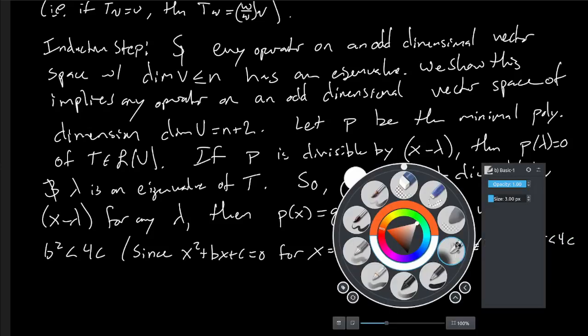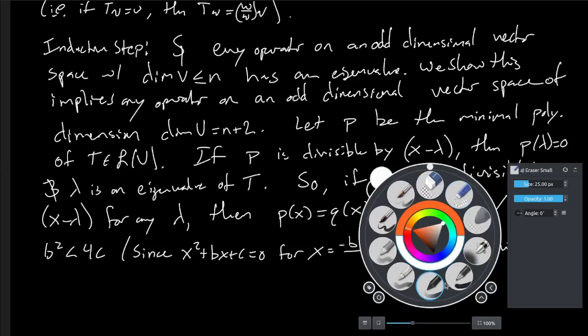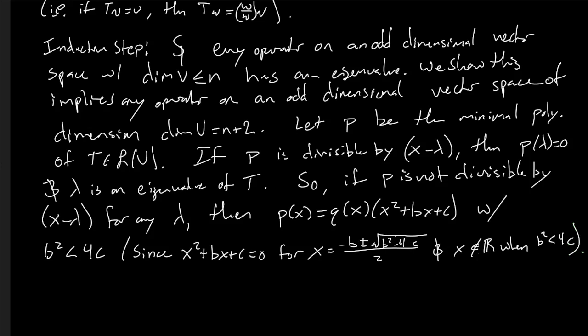The a here is 1, so I can just get rid of it, right? Oh, okay, cool. So if p is not divisible by this, then p of x is equal to some quadratic times some other polynomial.